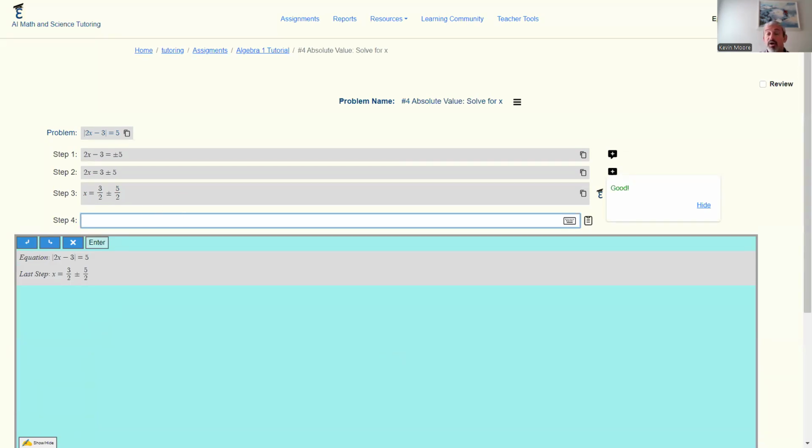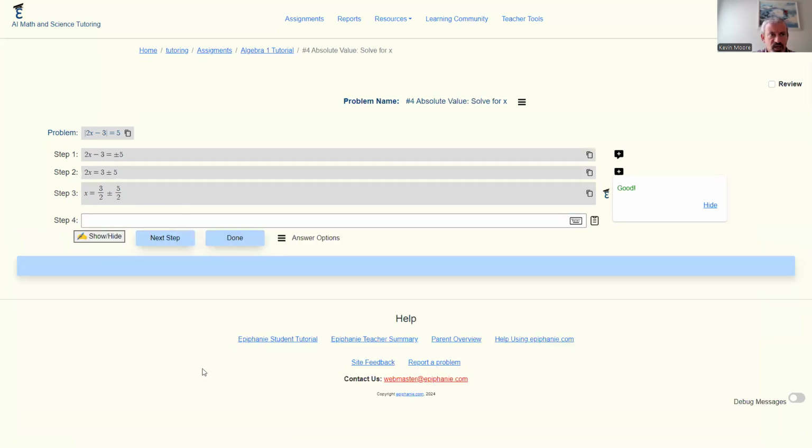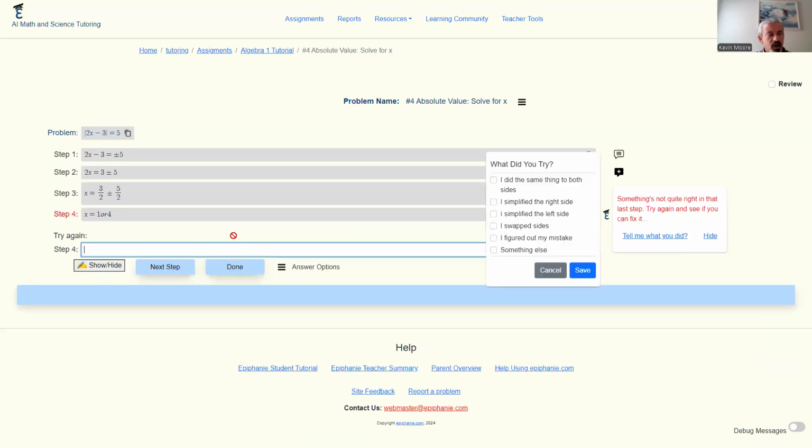It's really nice for mobile or tablet devices. If you've got a stylus, it's a way that you can work on these without having a full keyboard handy. It also works with other types of mathematical expressions, including exponents and square root symbols and things like that. And I can finish this up by saying that x equals 1 or 4. Those are my two answers, 3/2 plus 5/2 or 3/2 minus 5/2. And I'm going to click done to indicate that we're done here.